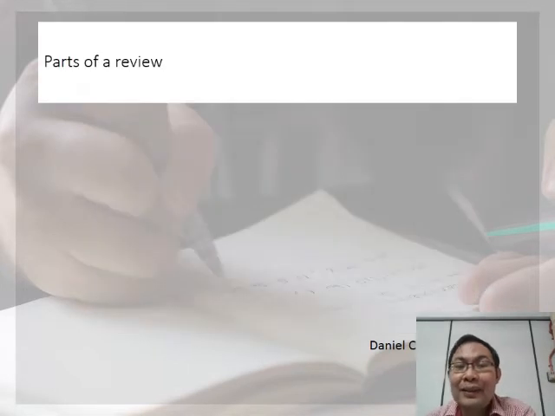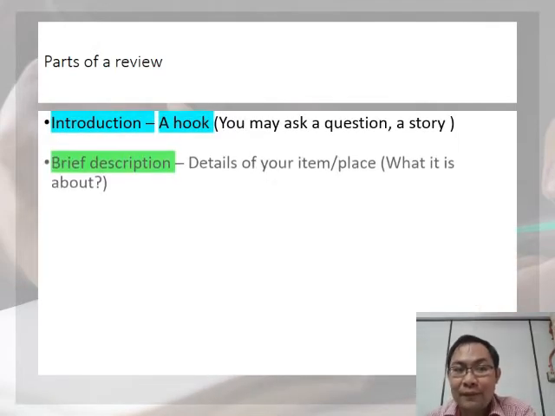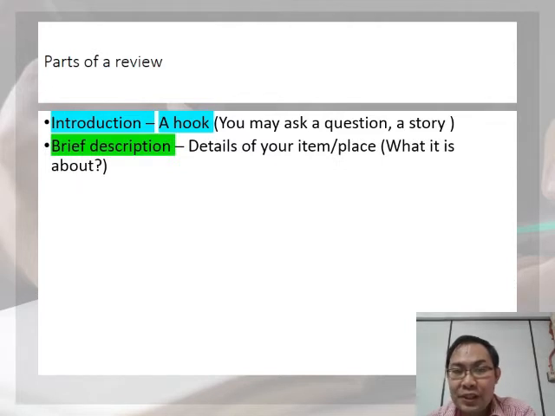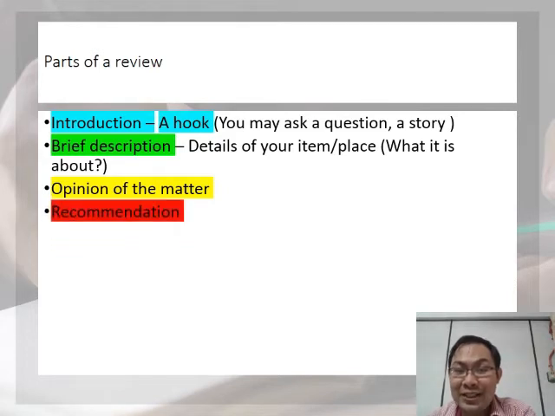All right, so let us look at the parts of the review. There are 4 parts to a review. We have introduction. Next one, brief description, opinion of the matter, and recommendation. I'll give you some time. Please write down these notes into your book now.